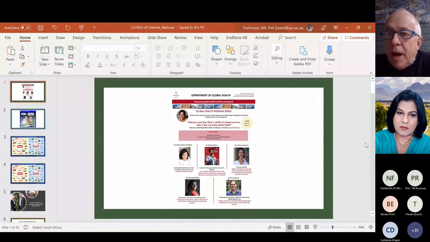So with that in mind, our first speaker is Dr. Keymanthri Moodley, who is a distinguished professor in the Department of Medicine and the director of the Centre for Medical Ethics and Law, which is in the Faculty of Health Sciences, Stellenbosch University. The centre was designated as a collaborating centre in bioethics in 2019 by the WHO, and it's one of 12 in the world and the very first on the African continent. She's also an adjunct professor in the Department of Social Medicine, University of North Carolina, Chapel Hill in the US.